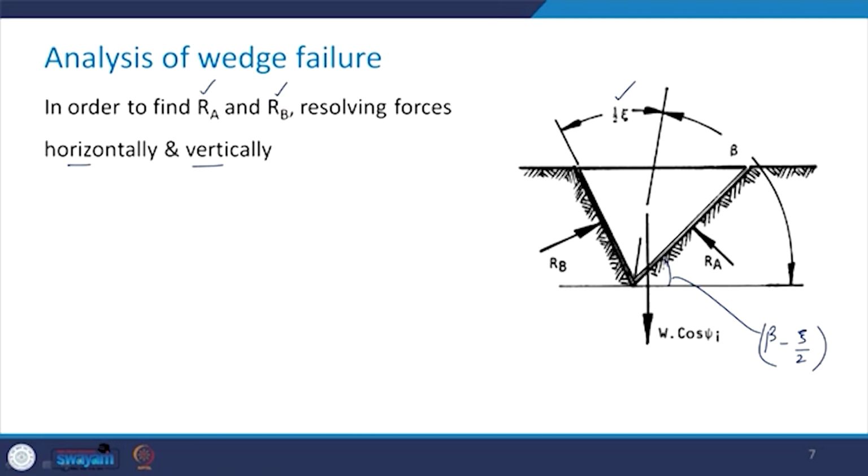And what about this angle? This is going to be 180 minus beta plus zeta by 2, because this whole angle is 180 degrees and this much is beta plus zeta by 2, and if we subtract this whole thing from 180 degrees, this is what we are going to get.